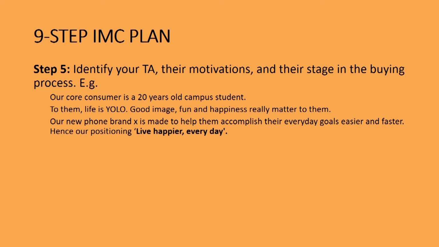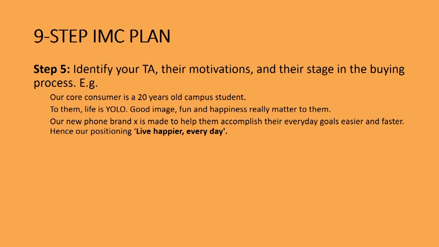Then at number 5, you identify your target audience. And I've already spoken so much about target audiences. You look at their motivations and what stage in the buying process they are at.